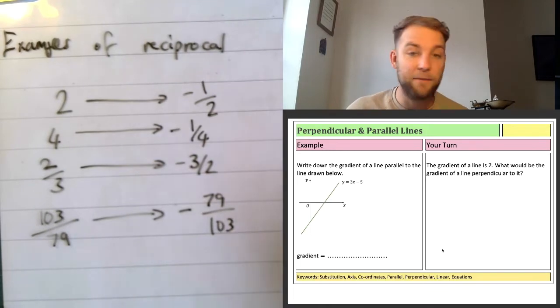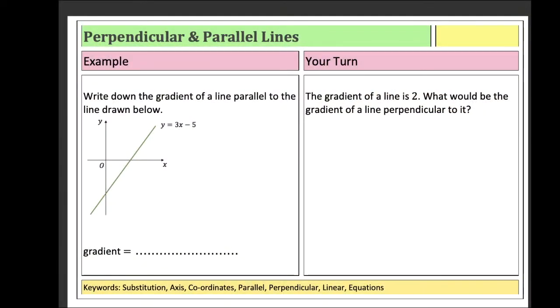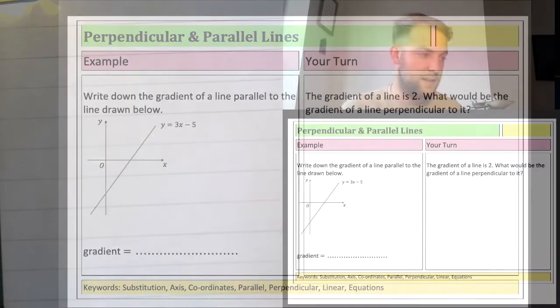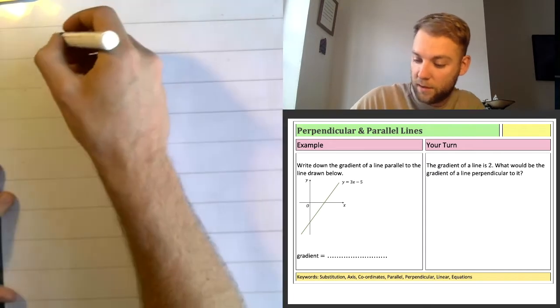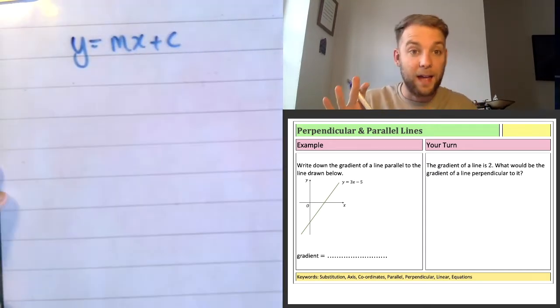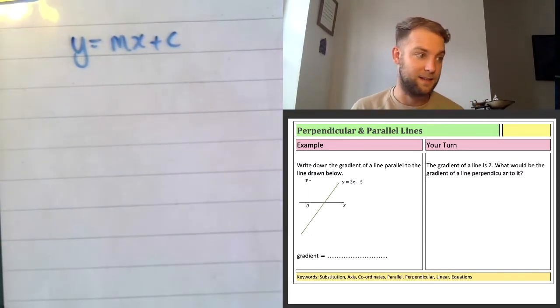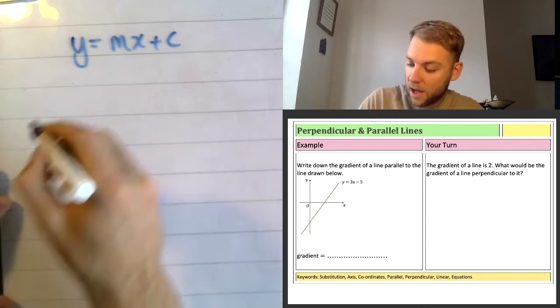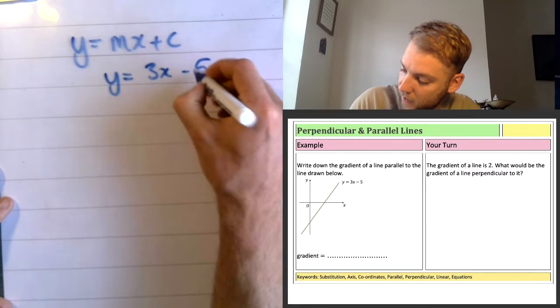So let's now have a look at these questions. I'll make it big so you can see it. So in this first one here, it says write down the gradient of the line which is parallel to the line drawn. Now we've already started to have a look at this. We know that all equations come in the format y equals mx plus c. So any line can be written in that format, where m is your gradient and c is your y-intercept. So in this line here, I've got y equals 3x subtract 5.